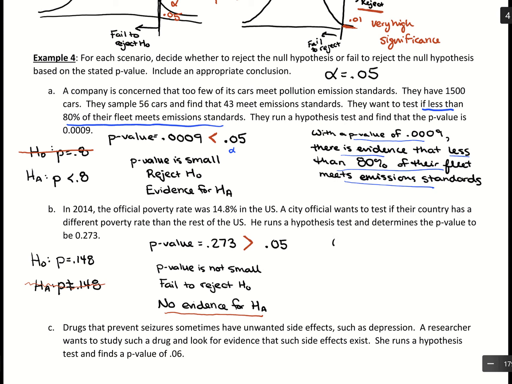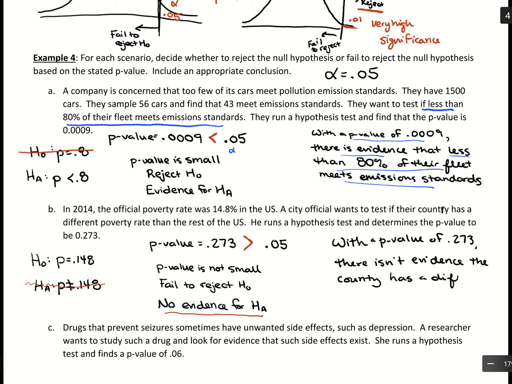So we still state our p-value because that's our level of evidence. So with a p-value of 0.273, there isn't evidence the county has a different poverty rate than the rest of the US.